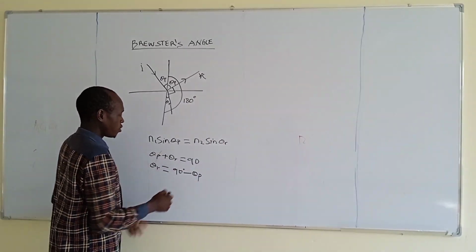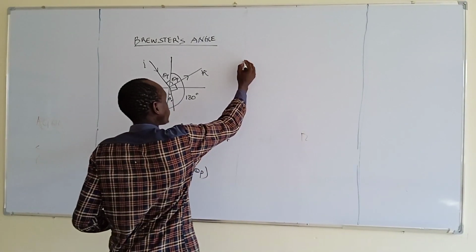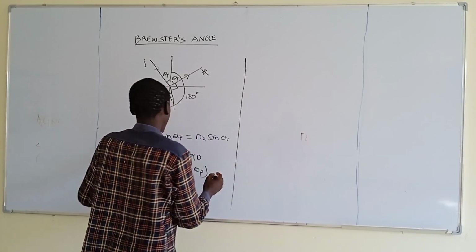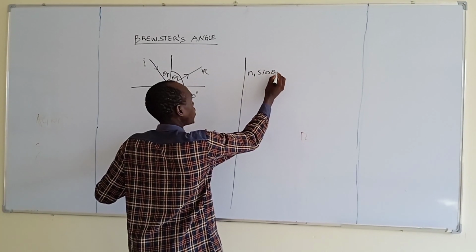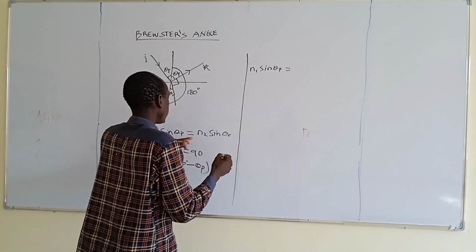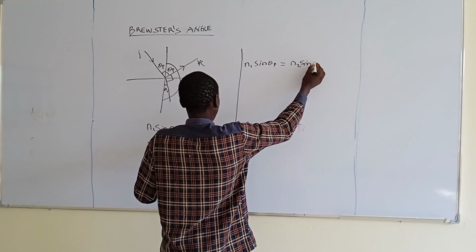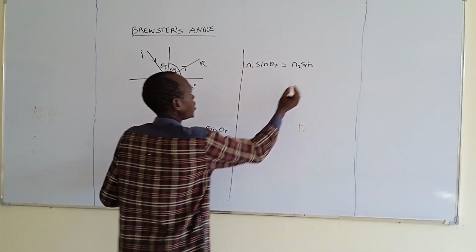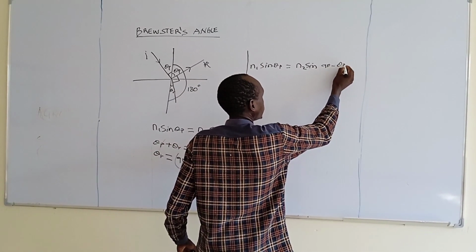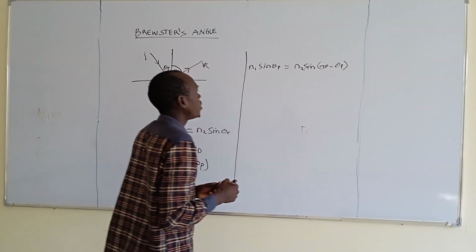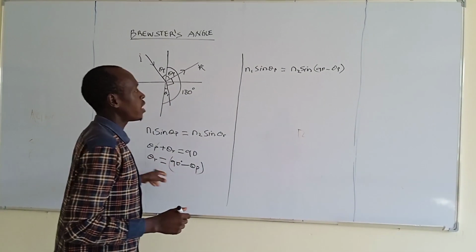Instead of writing theta r, we shall write 90 minus theta p, so that we have this equation as n1 sine theta p is equal to n2 sine of 90 minus theta p here. Now this becomes our new theta r.